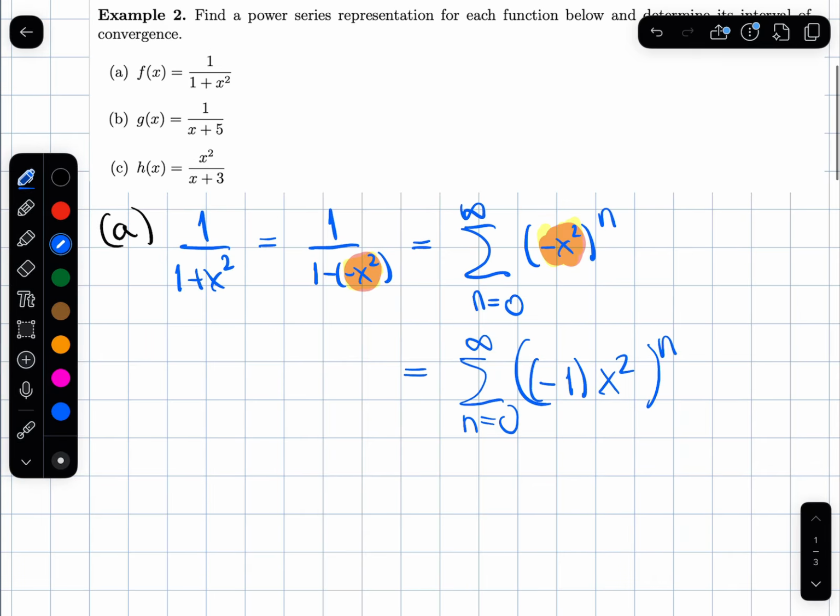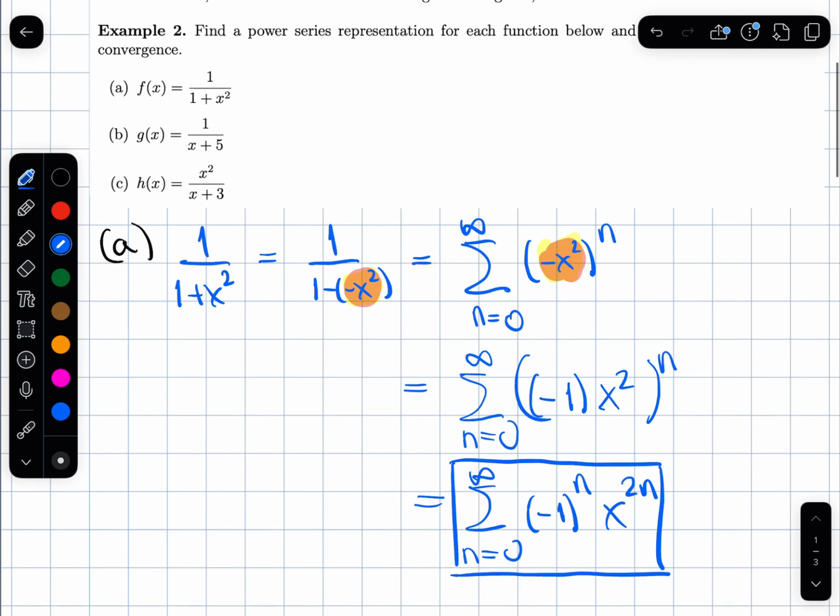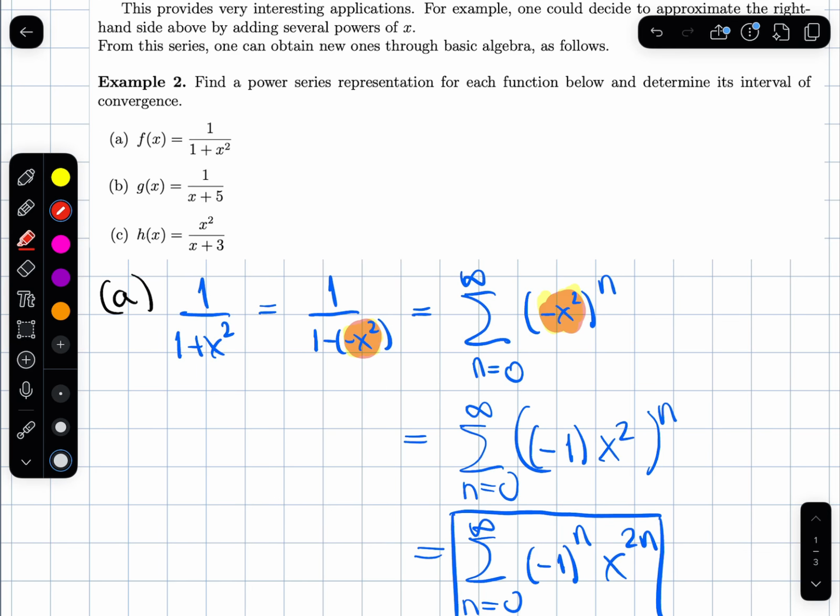And of course I can make this look a little bit nicer by splitting them up. This is pretty much an alternating series that you get. And again, you can plug in a bunch of things. You can test this for convergence.